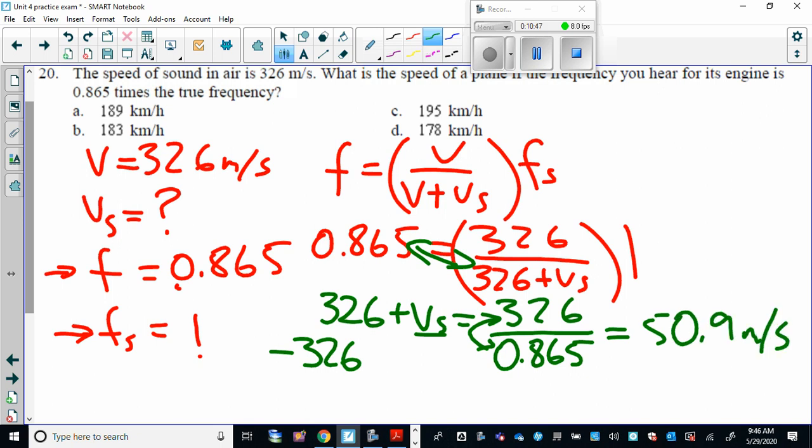That's in meters per second. Multiply that by 3.6 and you get 183 kilometers per hour. B.